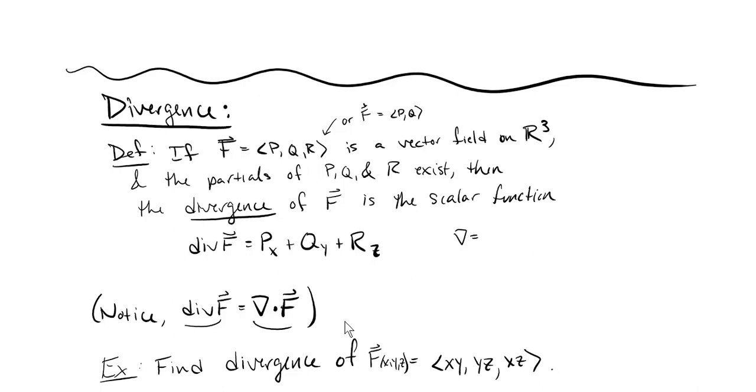Remember, we're thinking of the del vector as being full of these partial derivative operators. And we're thinking of this field F as being PQR with its components. Well, then del dot F, at least formally, would look like this.